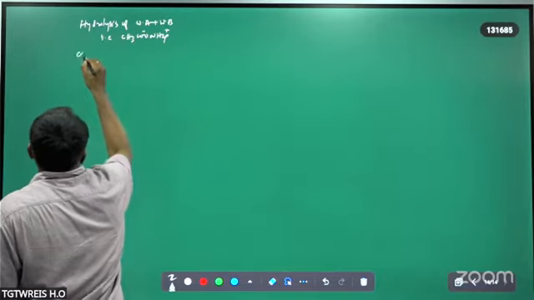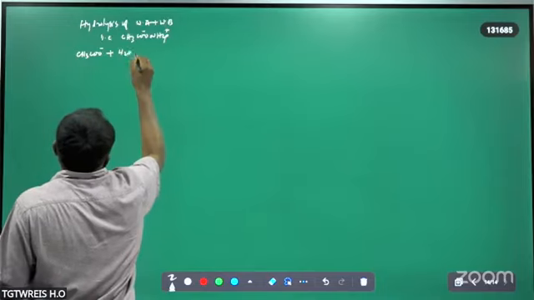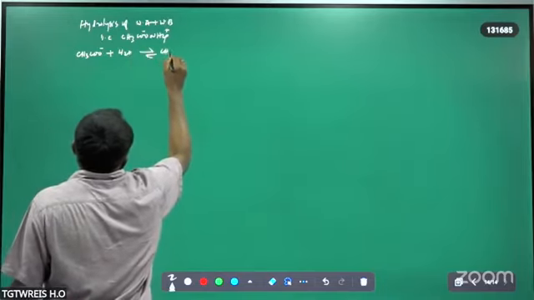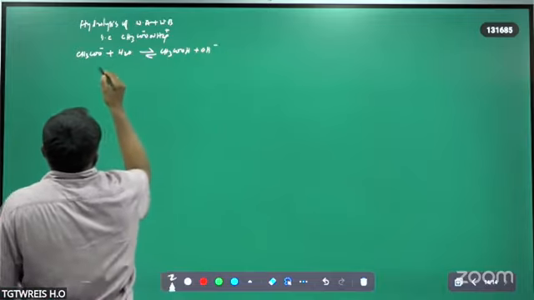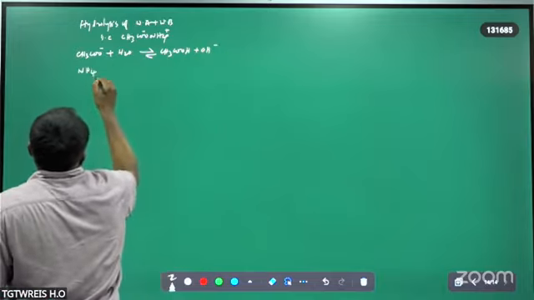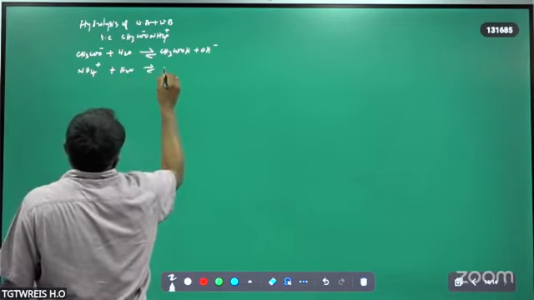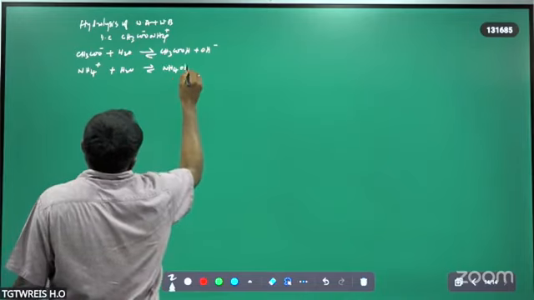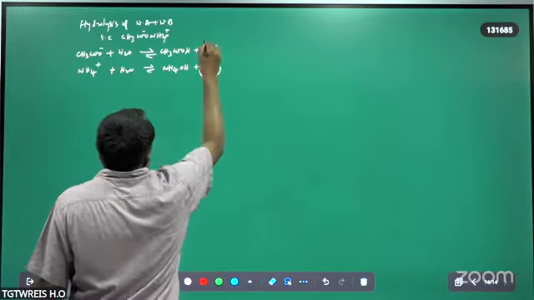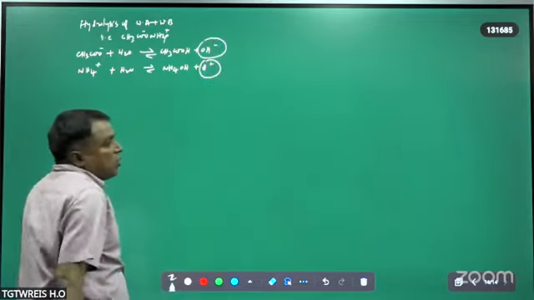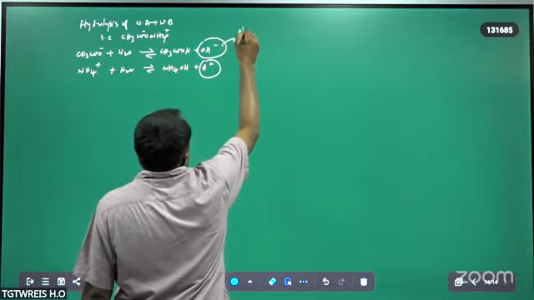First, CH3COO minus plus water gives CH3COOH plus OH minus, and similarly NH4 plus plus water gives NH4OH plus H plus. So both H plus and OH minus form. OH minus means basic in nature.